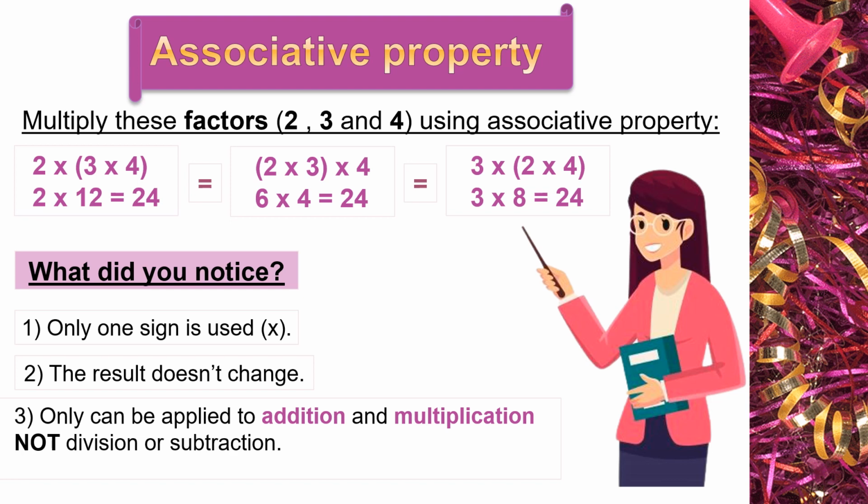Can I change the order of numbers in division or subtraction? No. Can I put the small number first, like I did here? No. So I can't use associative property in division or subtraction. I just use it in addition and multiplication.